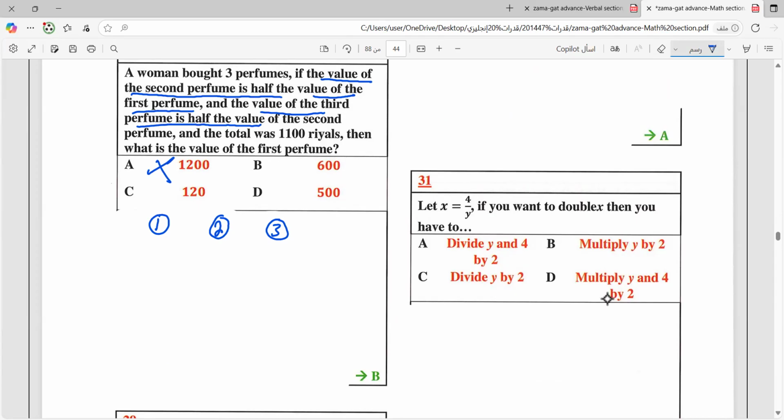We try B. The first perfume is 600. The second one will be what? The second perfume is half of the first, so it will be 300. And the value of the third is half of the value of the second.